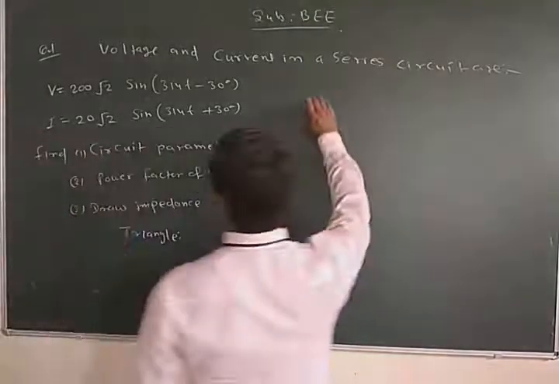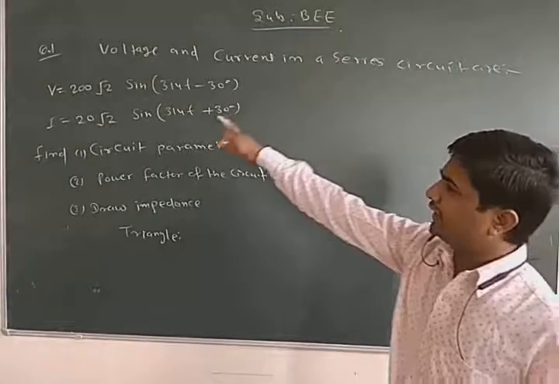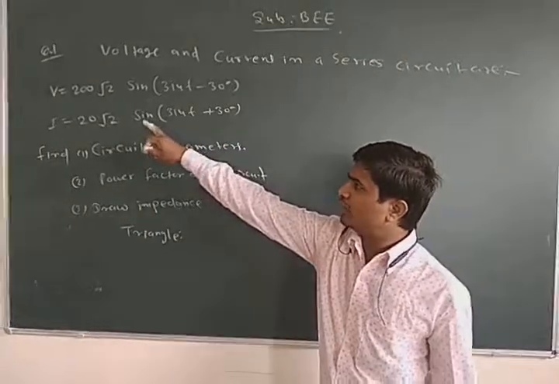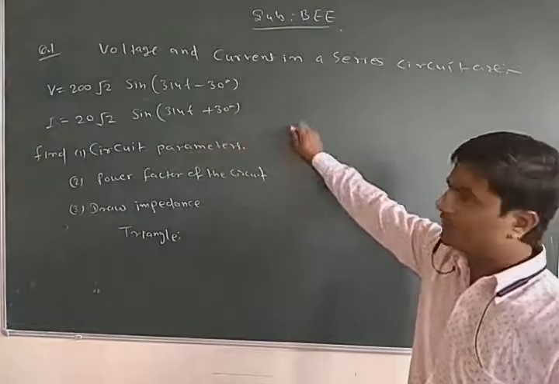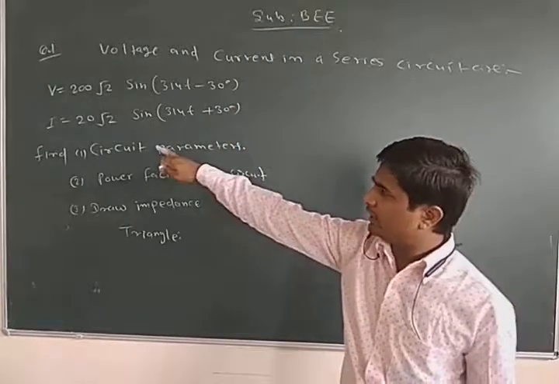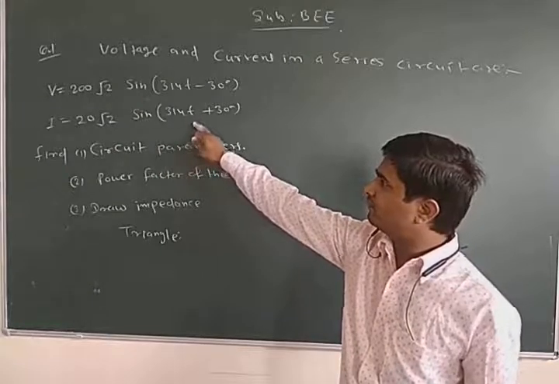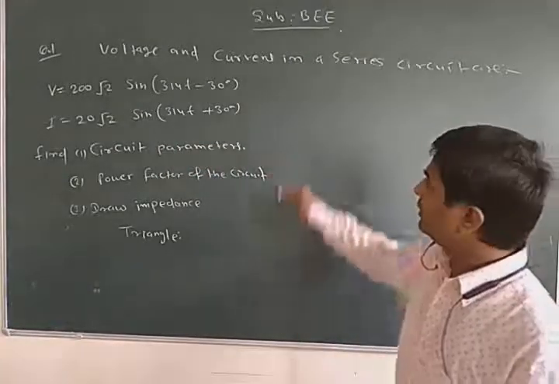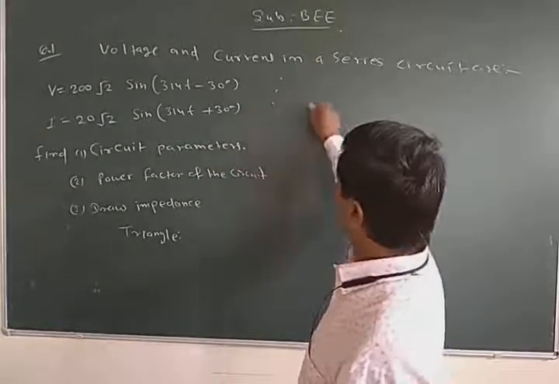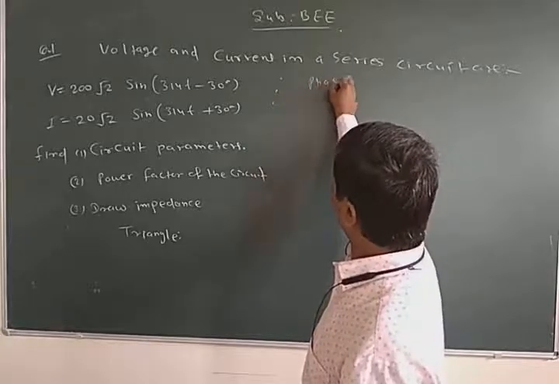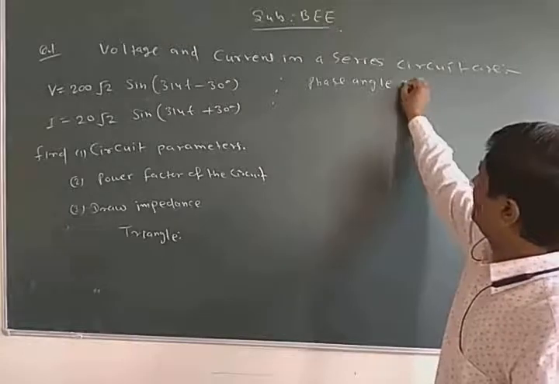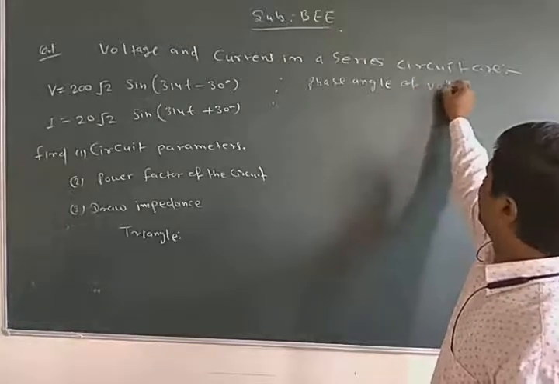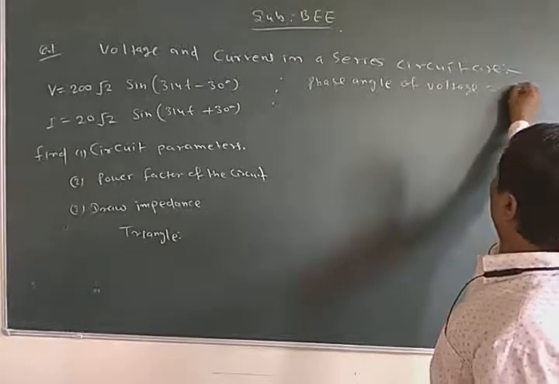First of all, we see that voltage V is equal to 200 root 2 sine (314t minus 30 degree), and I is equal to 20 root 2 sine (340t plus 30 degree). So first we see that the phase angle for voltage is equal to minus 30 degree.